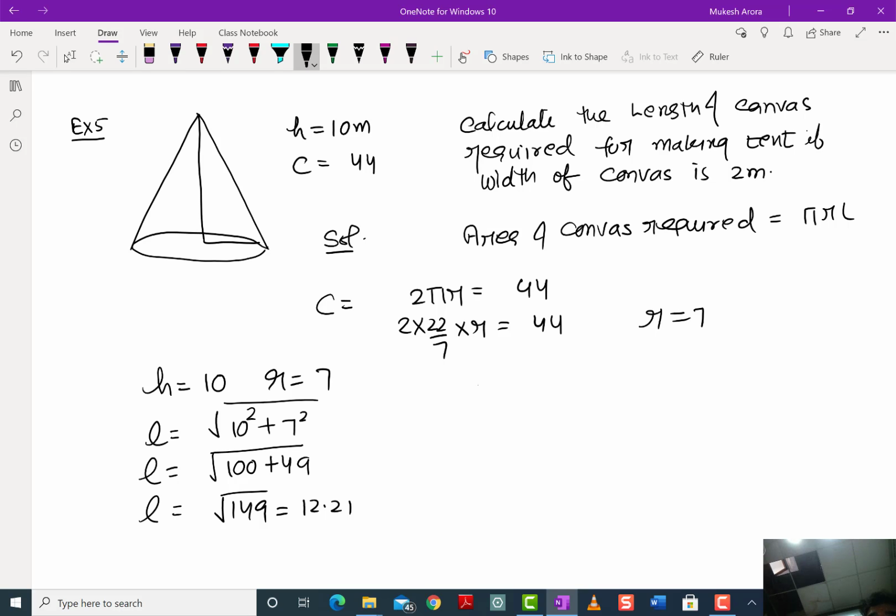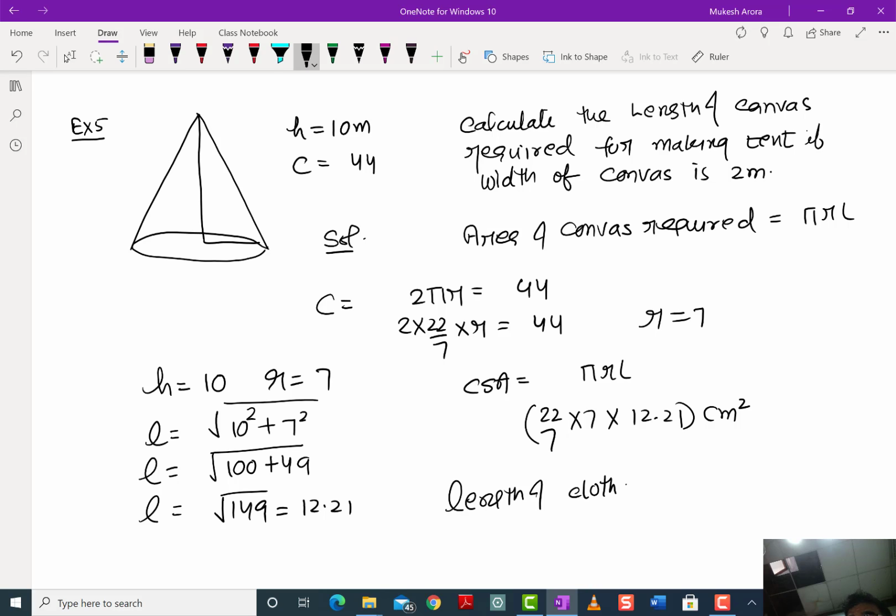So the curved surface area is pi r L, 22 by 7 into 7 into 12.21. So length of cloth is equal to curved surface area divided by 2.